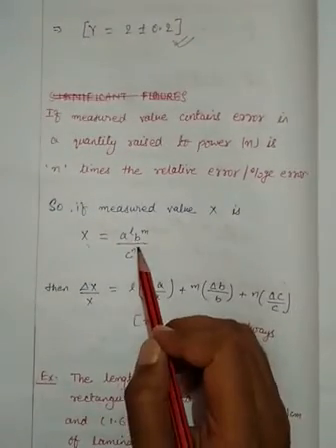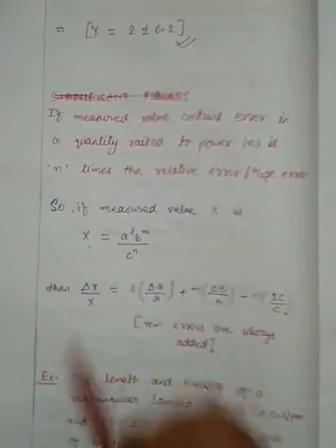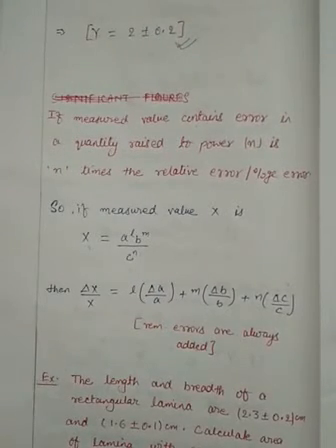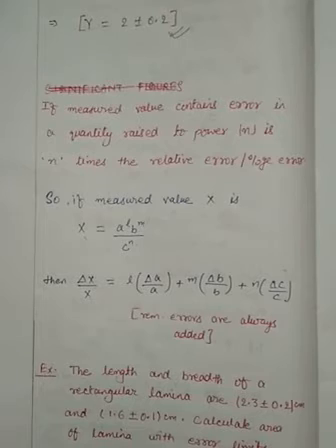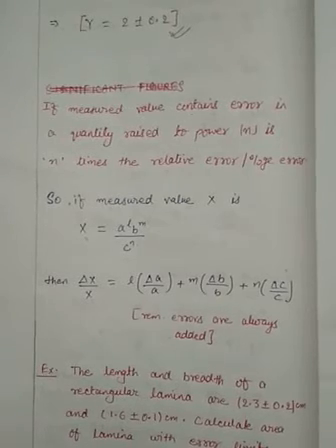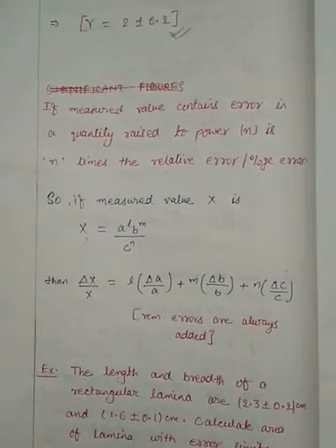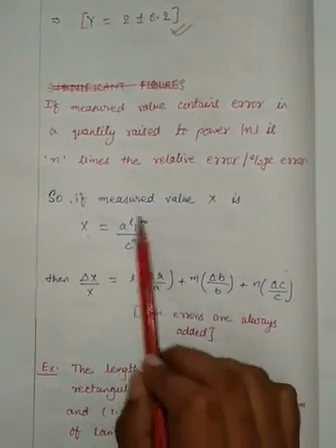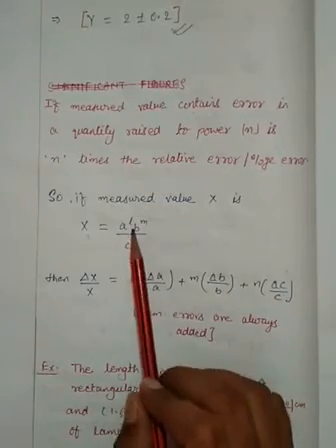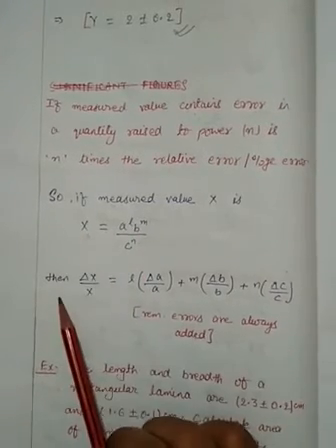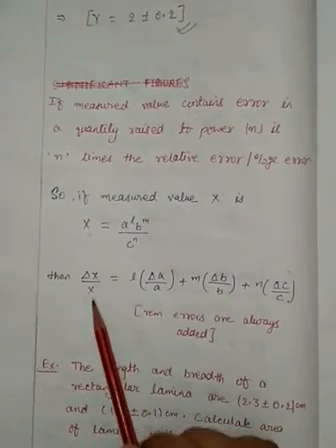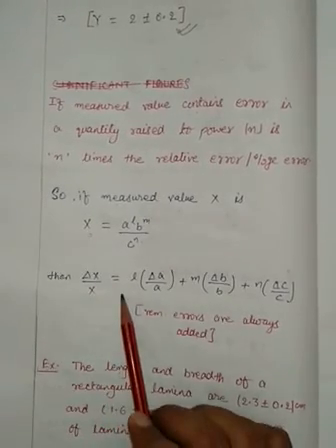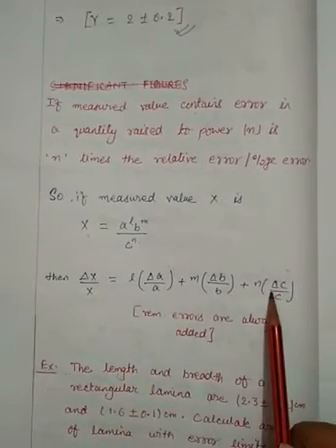It is not necessary that it always has a denominator and numerator part; we can apply it for any case. What I said earlier, remember again: relative errors or fractional errors are always added. So if these values contribute to the final measurement, the relative error in the final calculation will be equal to the sum of the errors.